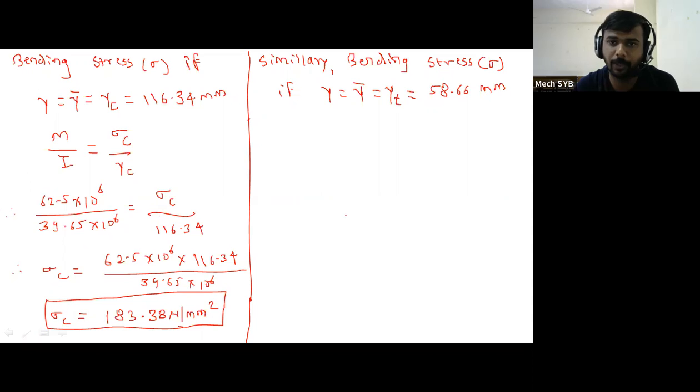Then again we have to use our bending stress formula in the form of sigma t, that is M upon I is equal to sigma t upon yt.